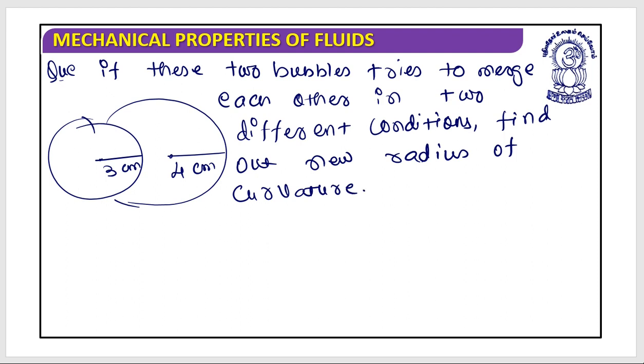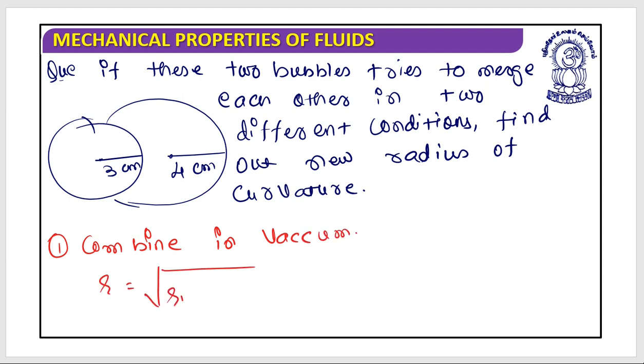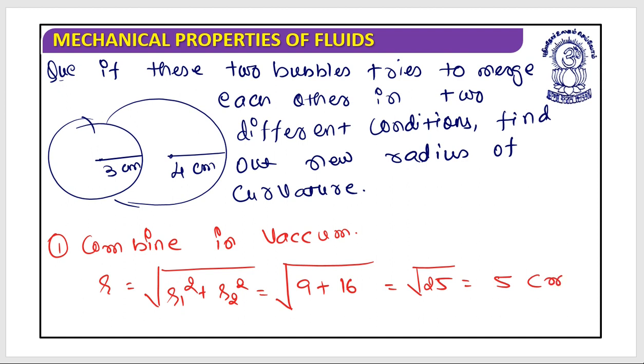In the first situation, they combine in vacuum, so r is equal to root of r1 square plus r2 square. This is 3 square, 9, plus 4 square, 16. It's root of 25, which is equal to 5 centimeter. This was the first situation.